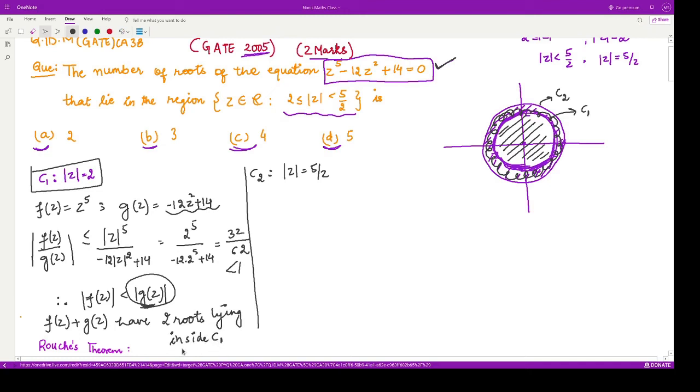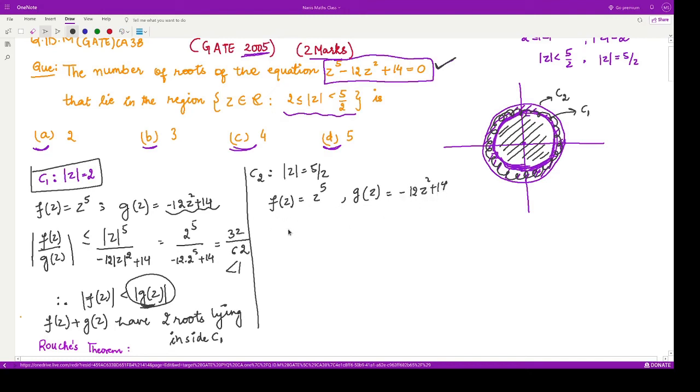So we got the number of roots that lie inside C1. Now let us check the number of roots that lie inside C2. For that, we again assume f of z to be z to the power 5 and g of z to be minus 12 z square plus 14.